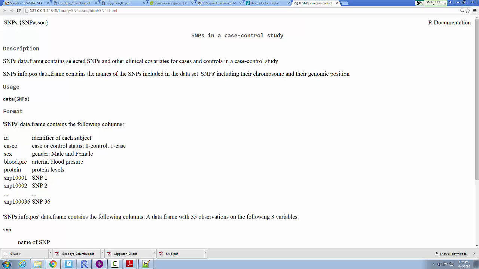We're going to have two objects that come available to us. The SNPs object is the data frame containing the actual genotypes. The other one tells us basically where each SNP is located, which chromosome and what position on the chromosome.